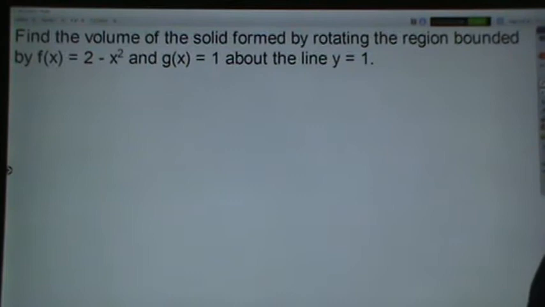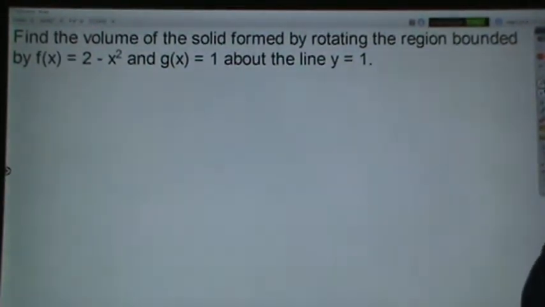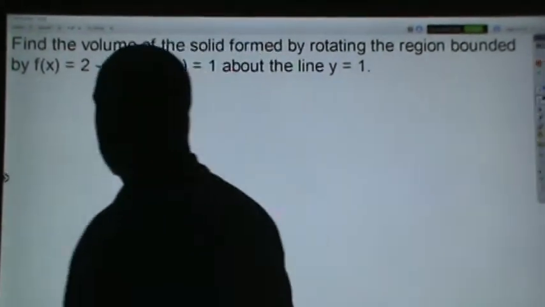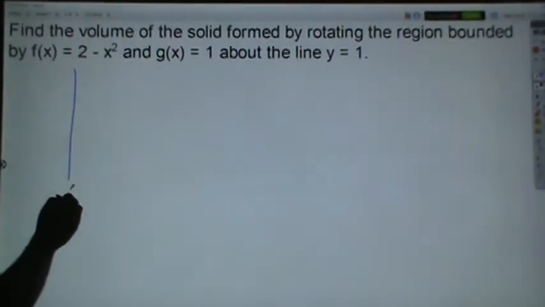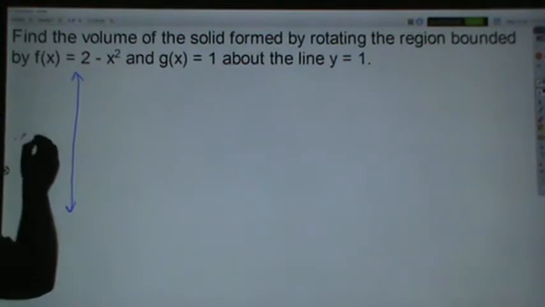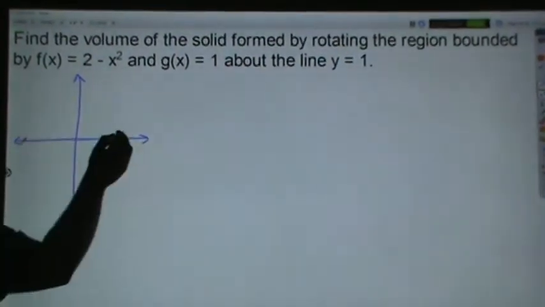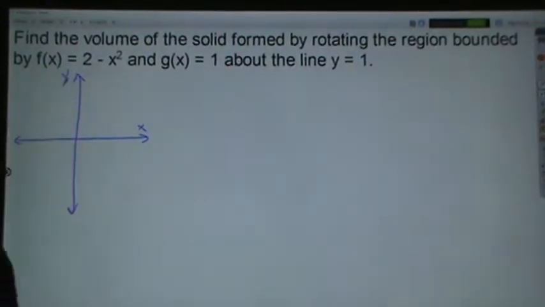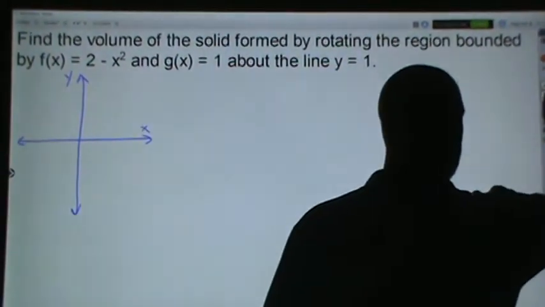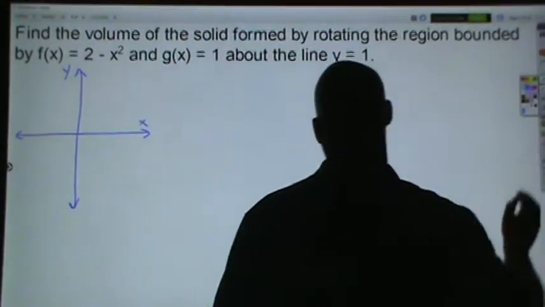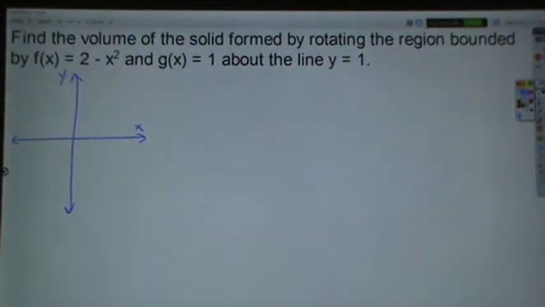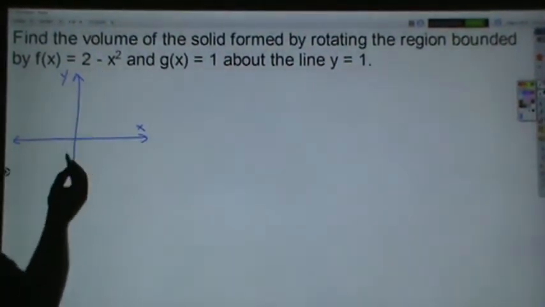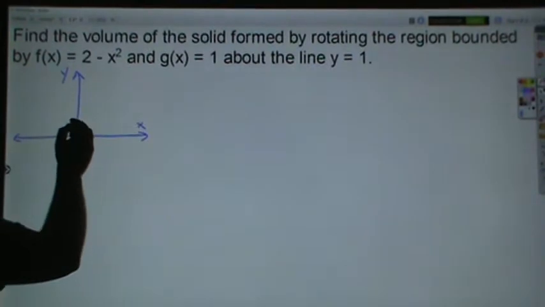So here we're asked to find the volume of a solid formed by rotating the region bounded by f of x equals 2 minus x squared and g of x equals 1 about the line y equals 1. So if I draw a picture of this, I have an x-axis, I have a y-axis, I have the curve 2 minus x squared, which everyone should realize is a parabola that points down, shifted up 2 units.